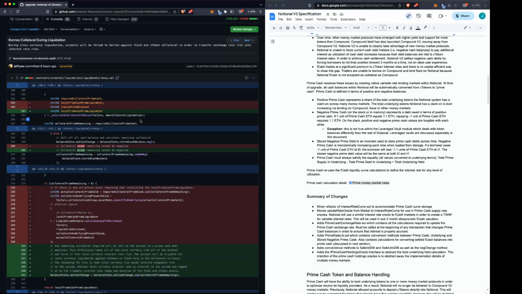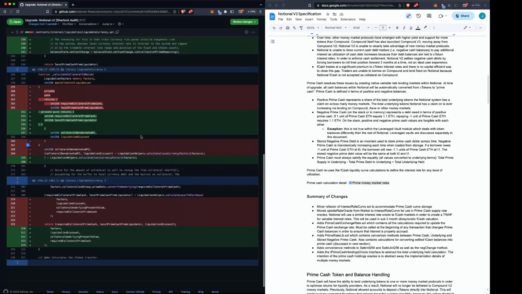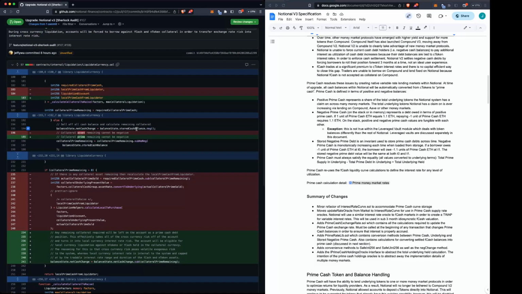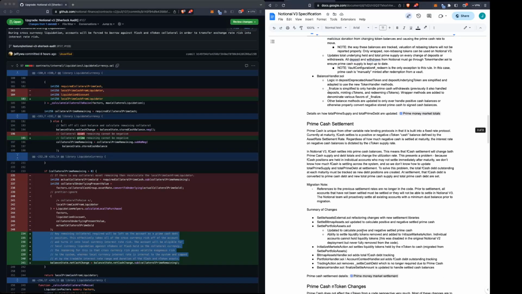Okay, this change is not a huge one, but I think it is a very interesting one and a very positive one for Notional. There's a description in here that describes what's happening, and there's more in the specification.